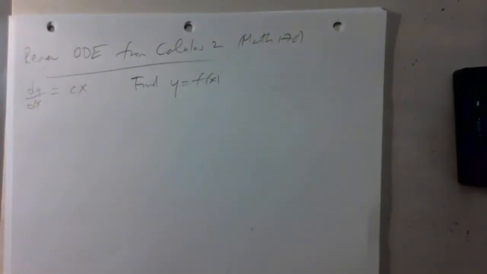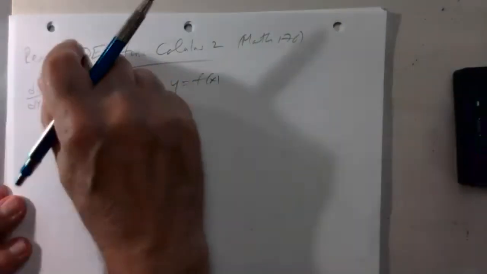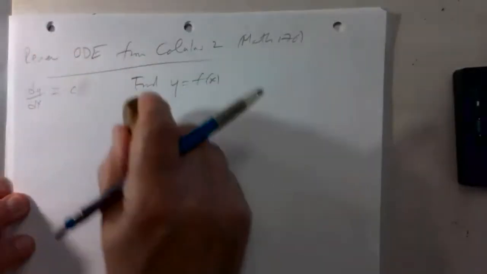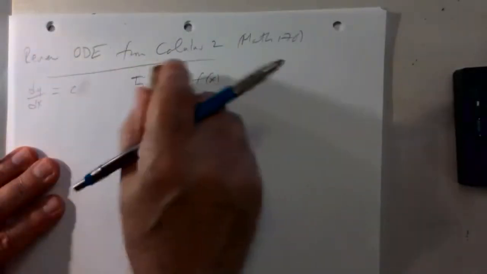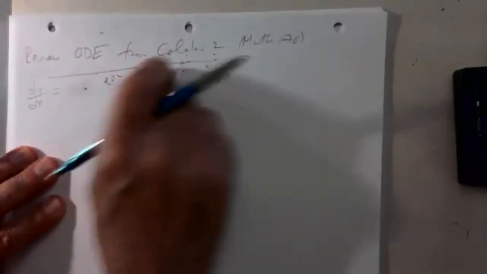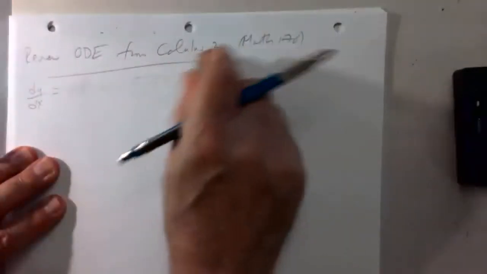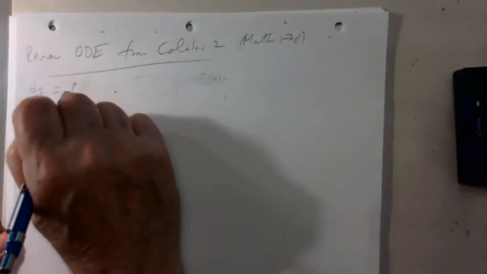Find some function y equals f of x that solves this differential equation. Maybe the simplest differential equation, first order linear differential equation, would be dy dx is some function of x.